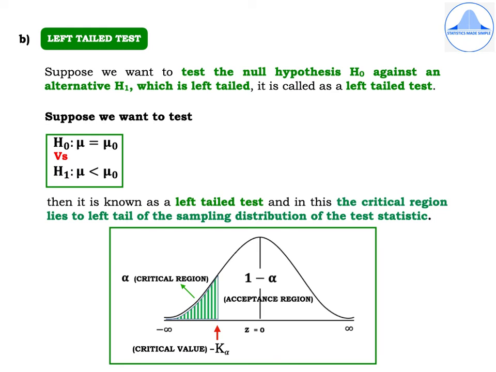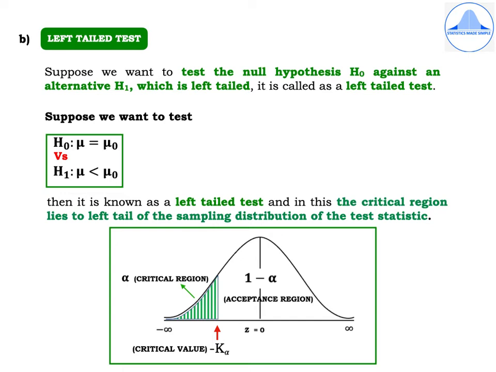Let us now learn what is a left-tailed test. Suppose we want to test the null hypothesis H0 against an alternative H1 which is left-tailed, then it is called a left-tailed test. For example, suppose I want to test H0: mu equal to mu naught versus H1: mu less than mu naught, then it is known as a left-tailed test.